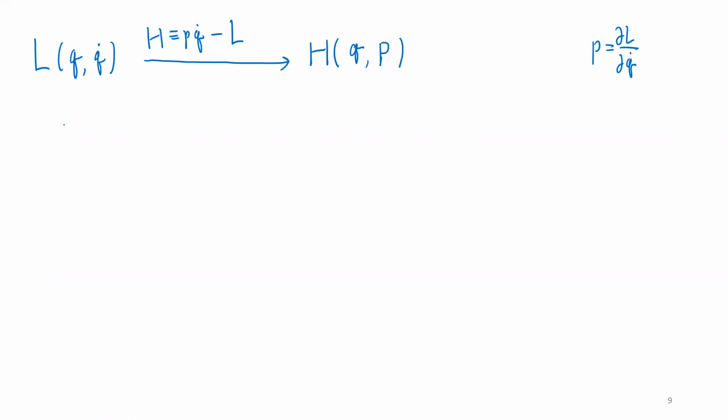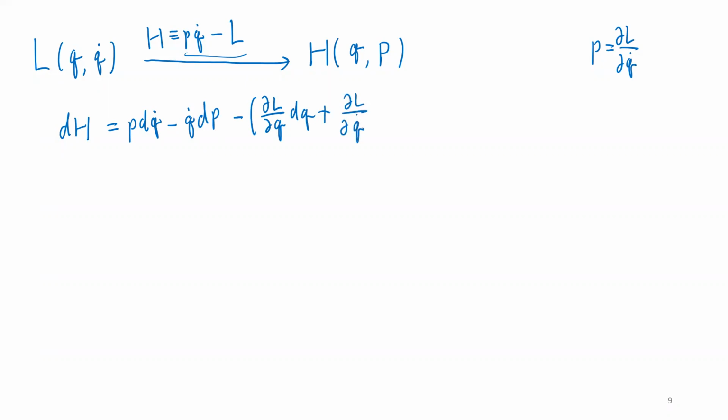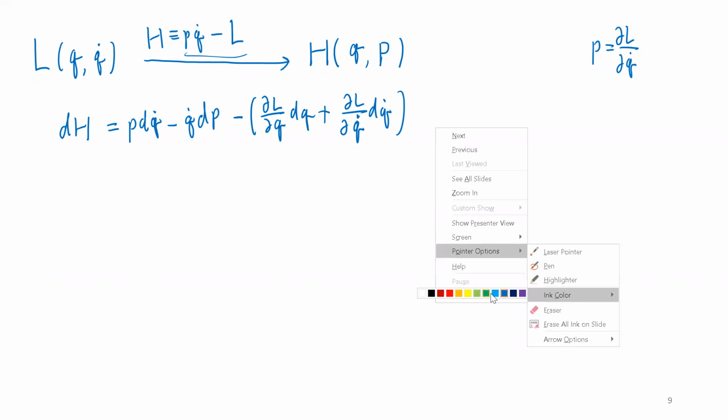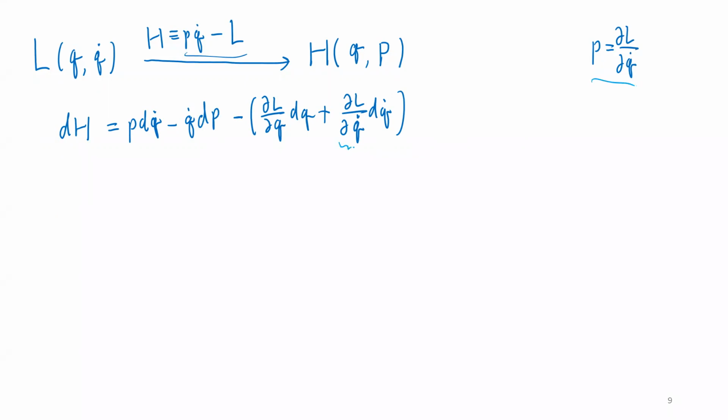Okay, so now, what would be the dH? Again, the dH, using this over here, would be P dQ dot minus Q dot dP minus... And now, as we have required, this one is called P. So then you realize that, again, the first term will cancel the last term.